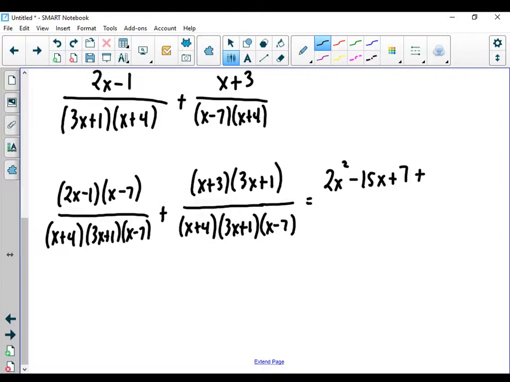The second fraction, I'm going to have x times 3x, 3x squared. I'm going to have 3x times x, so 9x, and then another x, so 10x. And I've got 3 times 1, so 3. All that's over that common denominator.